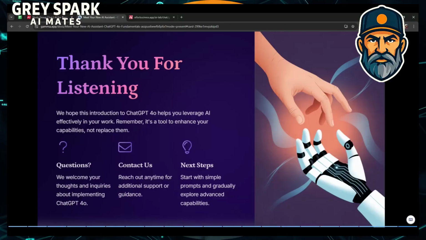Me personally, that's how I've learnt to use most of these AIs, is just by, for lack of a better word, playing. Putting stuff in, seeing what comes out, changing it, telling it to do this, telling it to do that, starting from scratch, doing it again, and you get a feel for how it works.